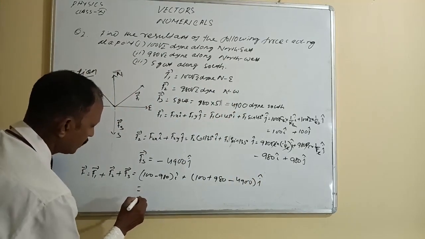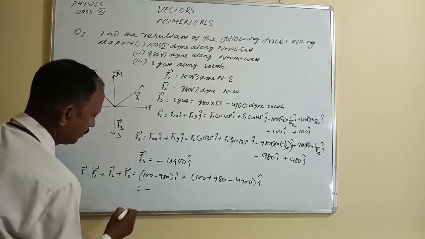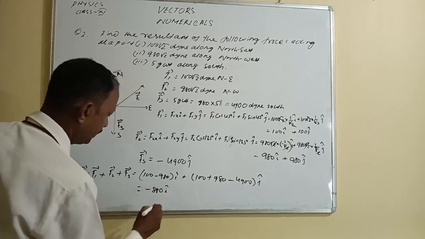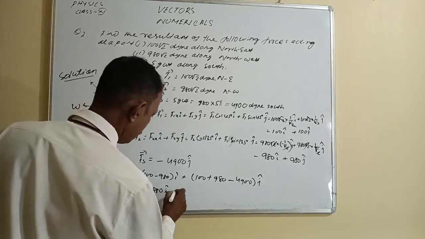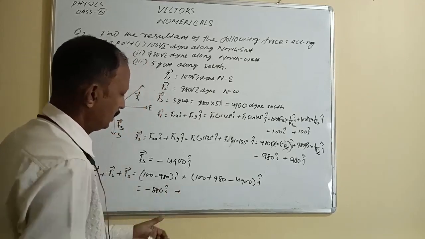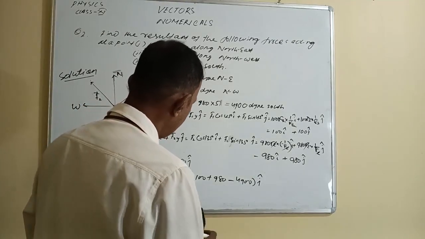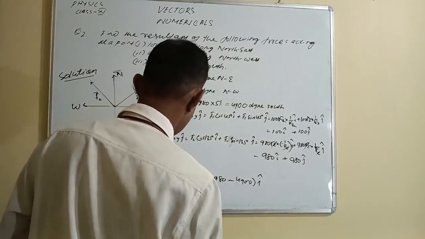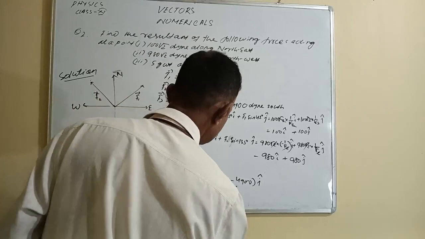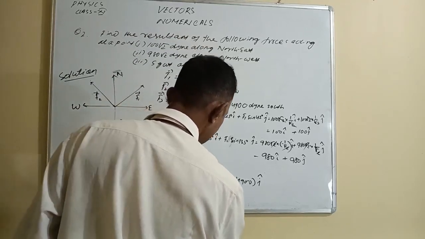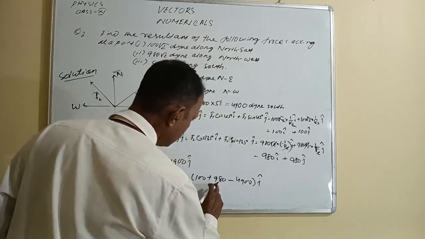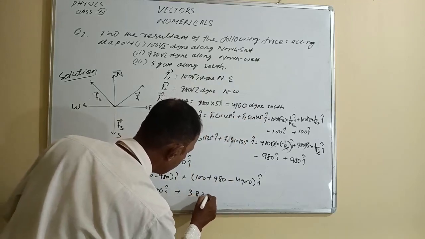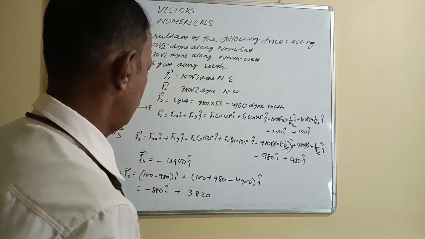So this is equal to minus 880 i cap plus, for the y component, 100 plus 980 is 1080, minus 4900, which is minus 3820.